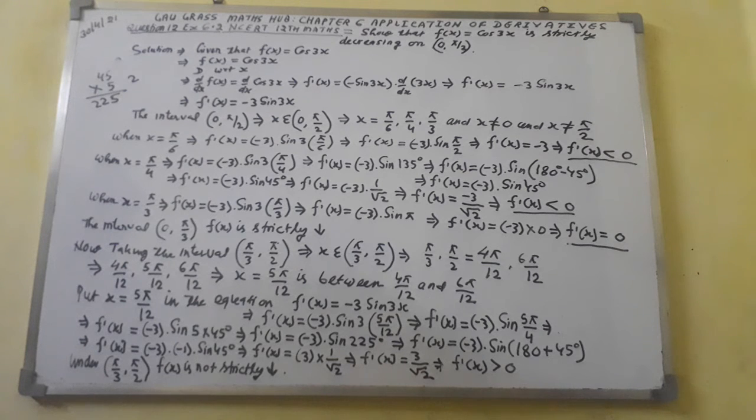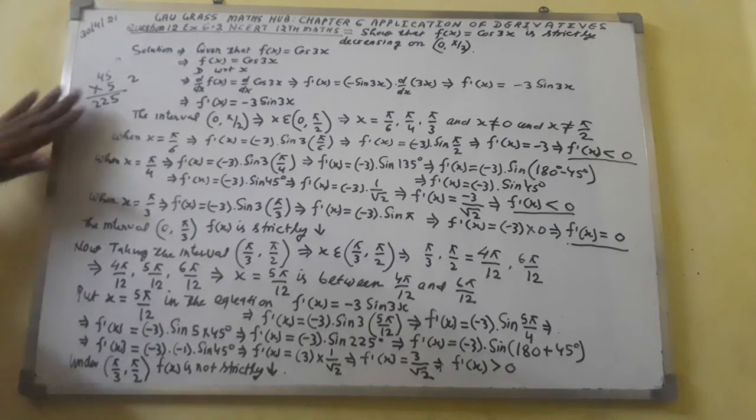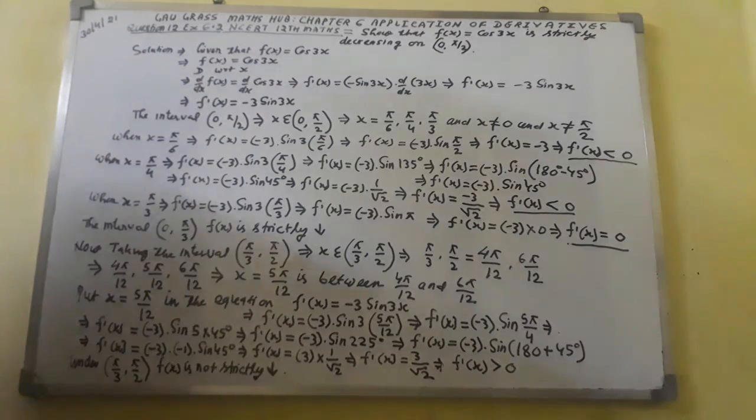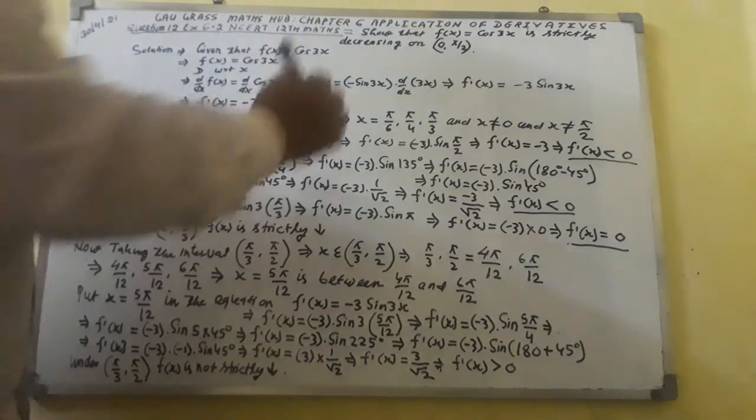The answer we get here is that f of x is not strictly decreasing under open interval 0 comma pi by 2. So this thing I am going to erase, and here we have got the answer.